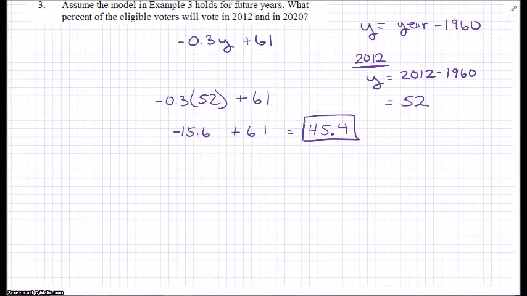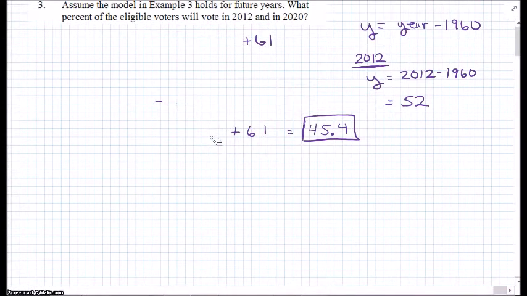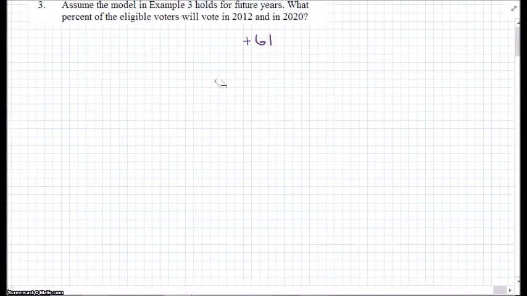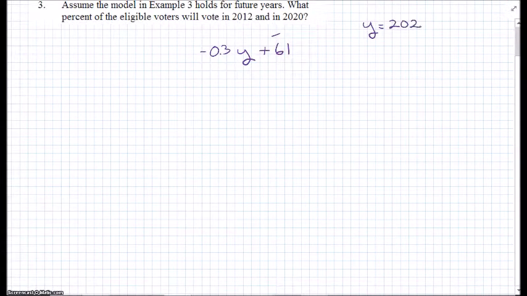So let's see what it'll be like for 2020 now. Okay, let's erase all this real quick. Okay, so the example was negative 0.3y plus 61. Okay, and our y value is going to be 2020 minus 1960.